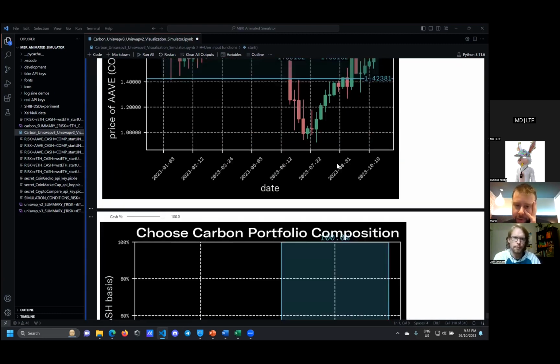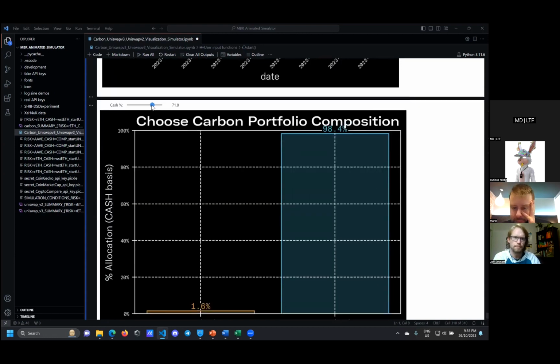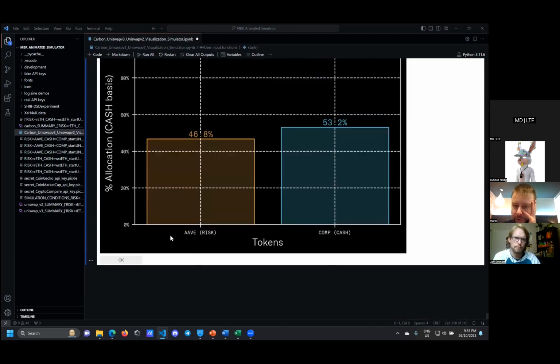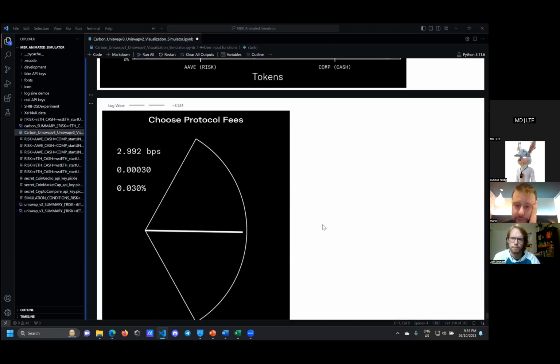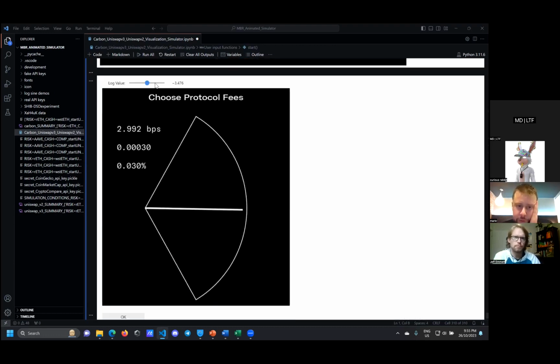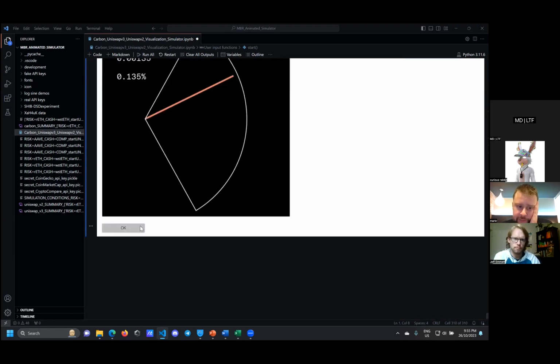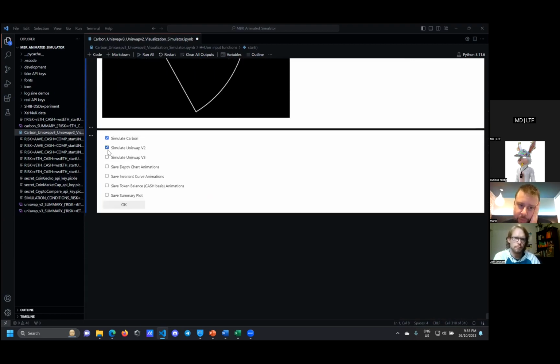There are a couple of other things we can do with Carbon that we haven't discussed. You can change the portfolio composition, which you can only do in Carbon because it has different dimensions. We can choose protocol fee levels, which protocols we want to simulate, which animations we want, and how to put them.